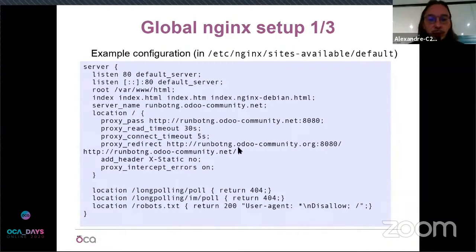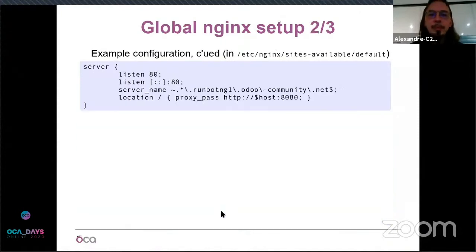What we also do is remove the long polling ports, return 404. We don't need the chat on our Runbot. And we also disallow robots.